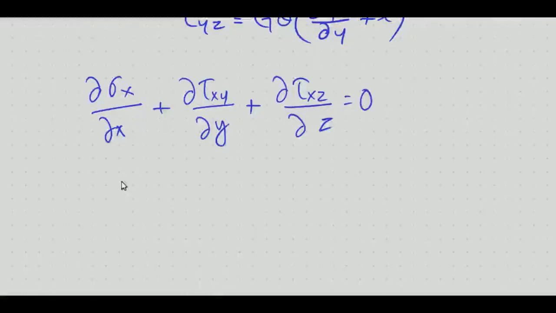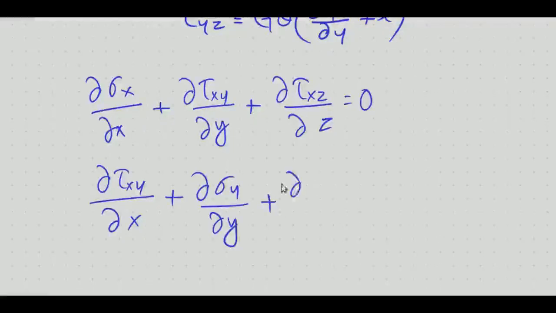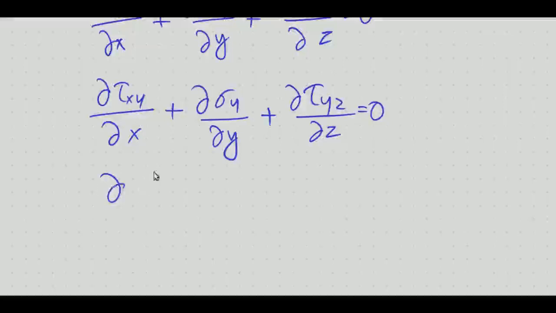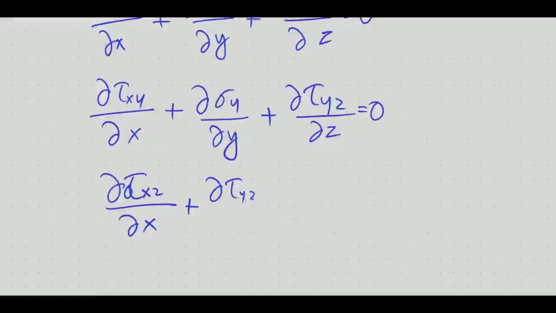In this case there is no body force, so we can write like this. Now we are using complementary properties of shear: ∂τxy/∂x plus ∂σy/∂y plus ∂τyz/∂z is equal to 0, and the third equation is ∂τxz/∂x plus ∂τyz/∂y plus ∂σz/∂z equal to 0.